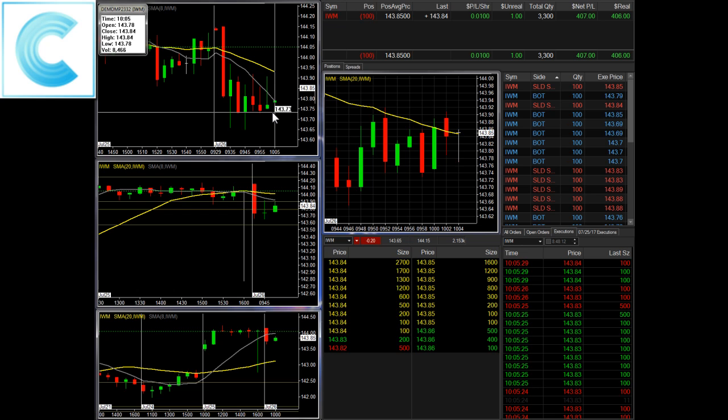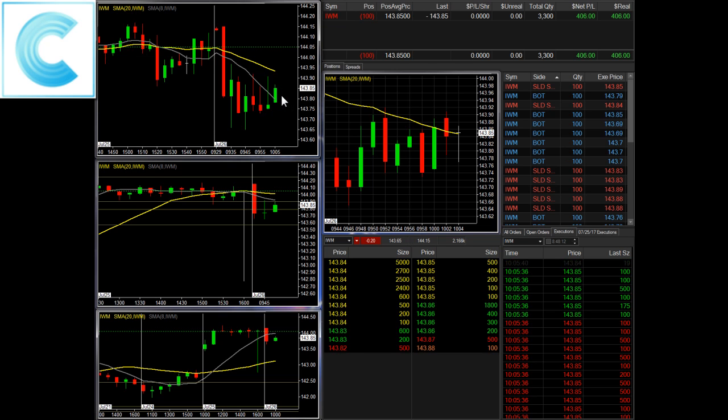Let's give up perhaps 3 to 5 cents on each side, which makes this roughly about a 20-cent range that's playable.